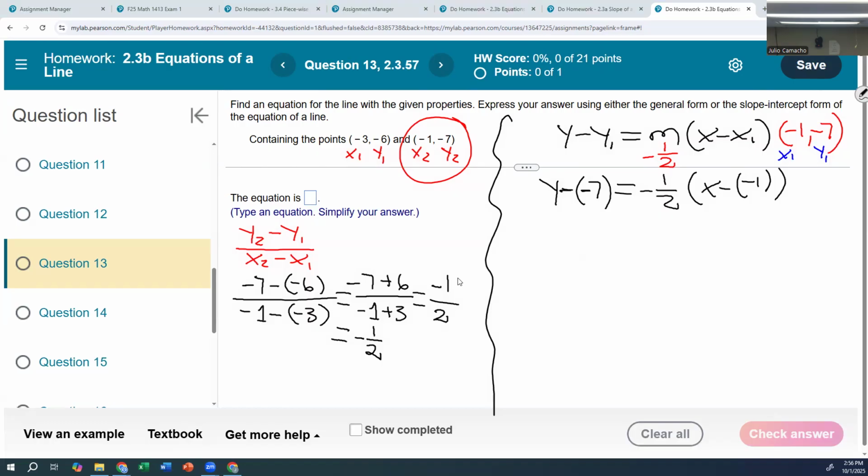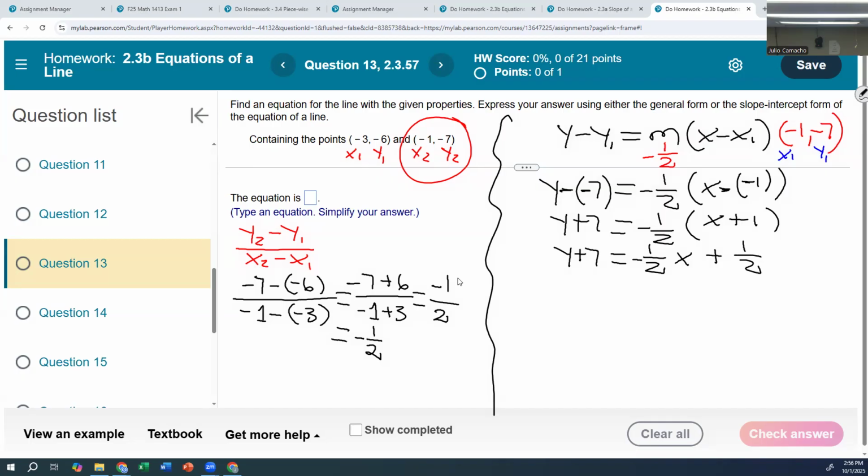Negative and negative is positive. Y plus 7 is equal to -1/2, and here a negative and a negative will be x plus 1. So y plus 7 is equal to -1/2 x plus 1/2.